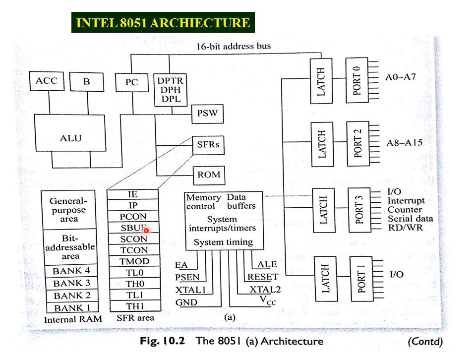SBUF is the serial bus buffer register, which stores the serial data. SCON is used for controlling the serial data. Next, TCON, nothing but timer control bits. This TCON is used for the timer controls. We will see this in the next slide.